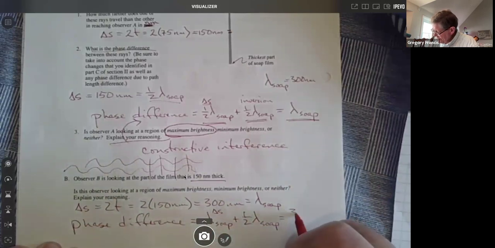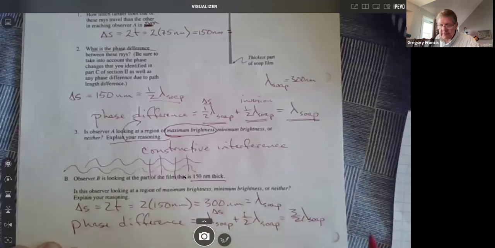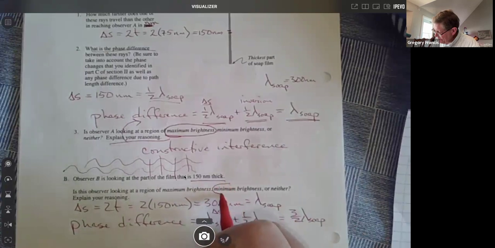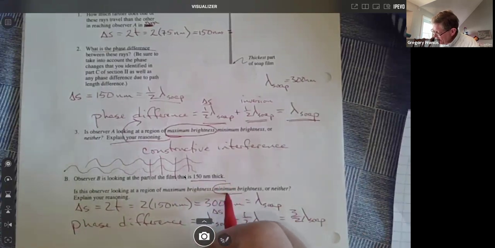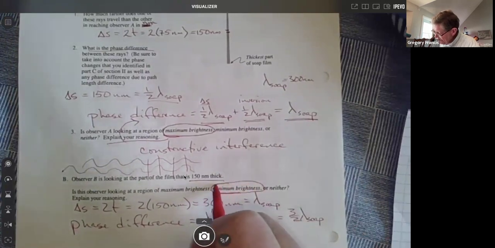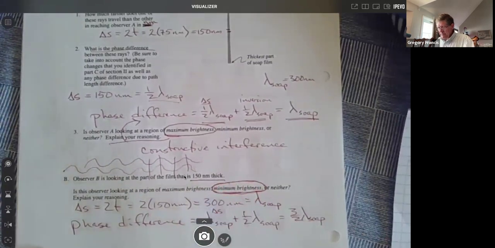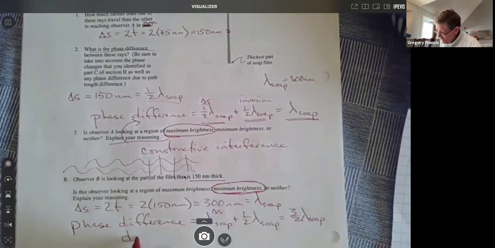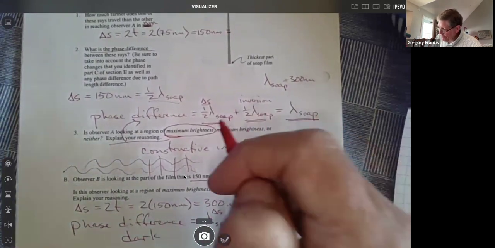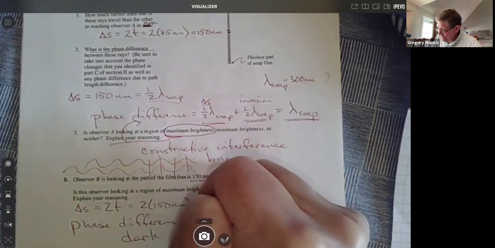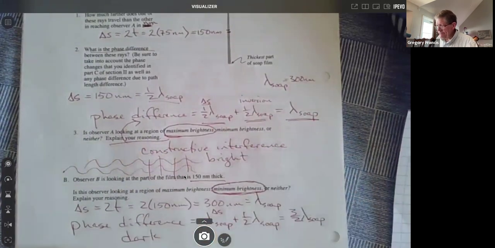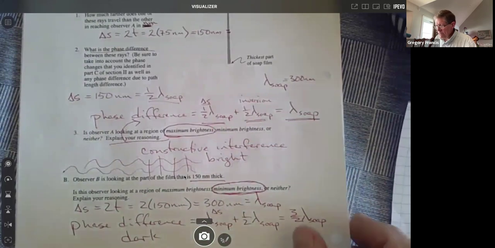And so that's going to be 3/2 lambda in the soap. And so that's going to be a region of minimum brightness, maximum darkness. Okay, so it will be dark, and this will be bright.